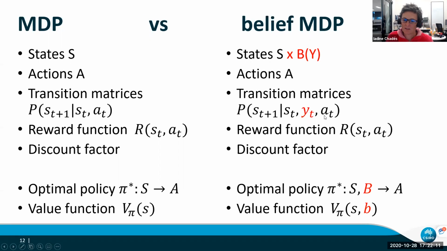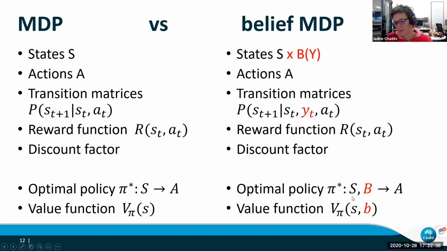You can imagine, a small note, that as the number of models increases, we're going to have a lot of transition matrices to deal with. The reward function R(S_t, A_t) doesn't change. I don't think I've seen a problem where it was dependent on Y_t, but it can happen, and it's fine if it's the case. It doesn't change much.